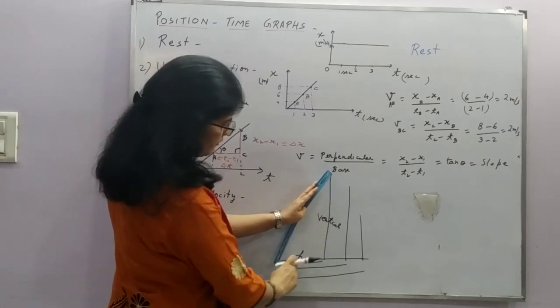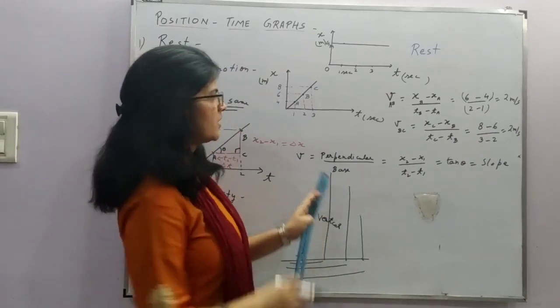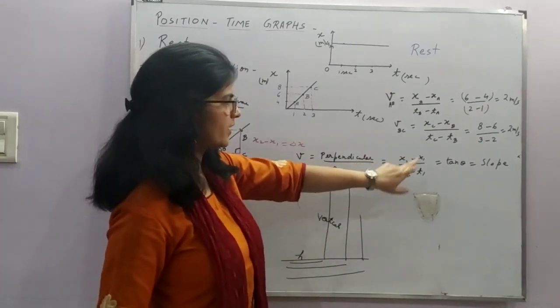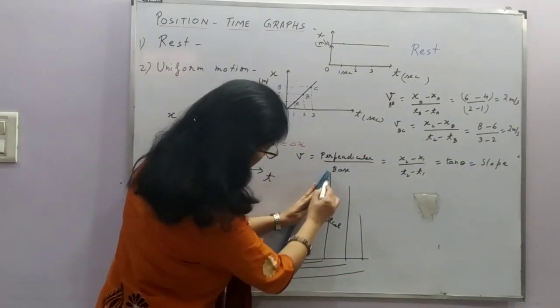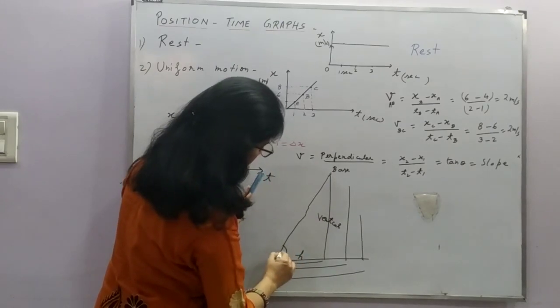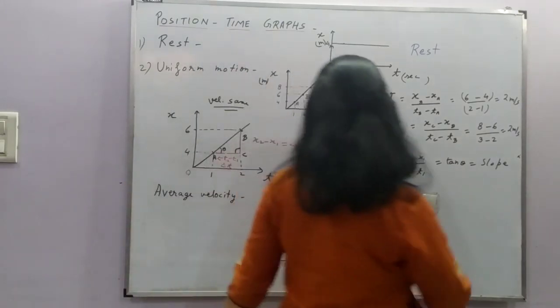So a relation between vertical and horizontal distance is x2 minus x1 upon t2 minus t1, and this relation gives us the slope.